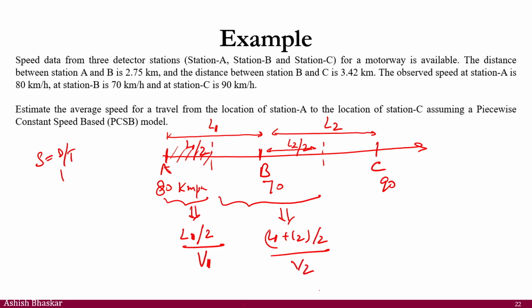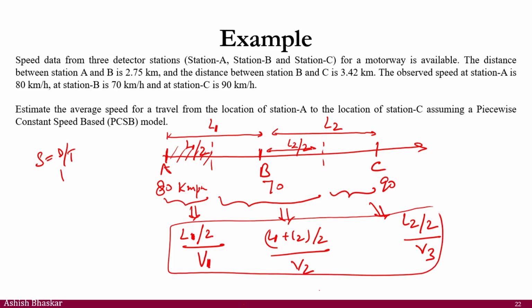And the time taken to travel the last distance is L2 by 2 divided by speed V3. So the total time taken is the sum of these. Total distance traveled is L1 plus L2, right? So the average speed is the total distance traveled, L1 plus L2, divided by the total time taken.